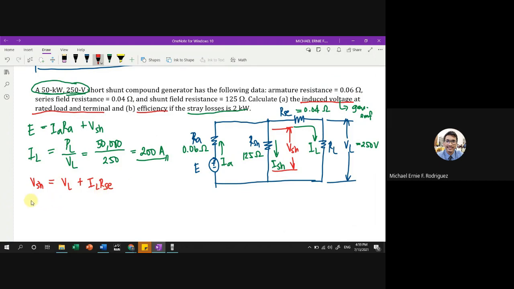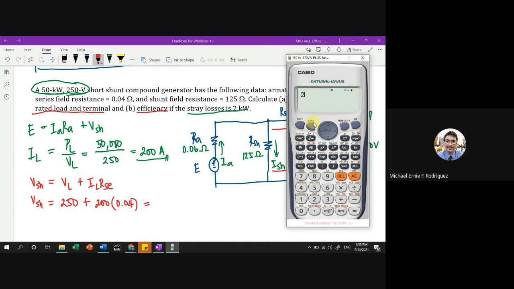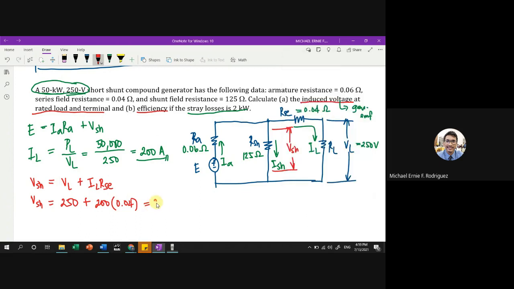So, we have VSH, we have 250 plus IL. Ito nakuha natin, 200. Times RSE, 0.04. Okay. So, calculator natin to ulit. 250 plus 200 times 0.04. Ayan, 258. Okay. Since voltahe yan, so volts ang unit. 258 volts.